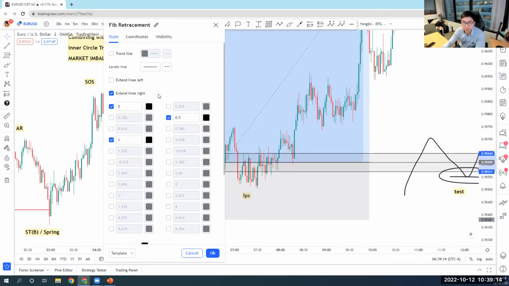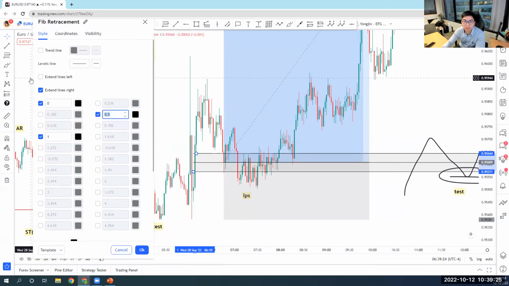Okay. So I only use 0, 0.5, and 1. 0.5 is the 50% area, and when price is below the 50% area, we call it the discounted price. You are getting a cheaper price. So I like to enter at the 0.5 mark.